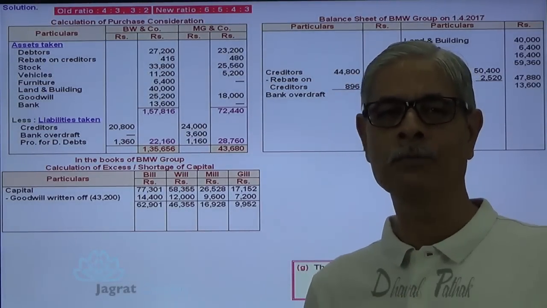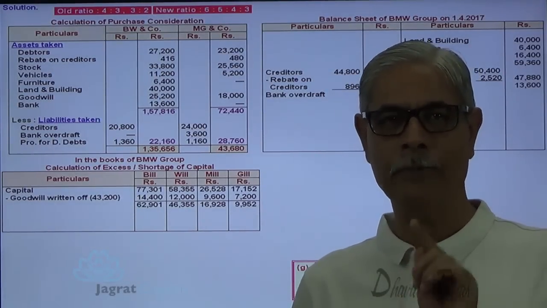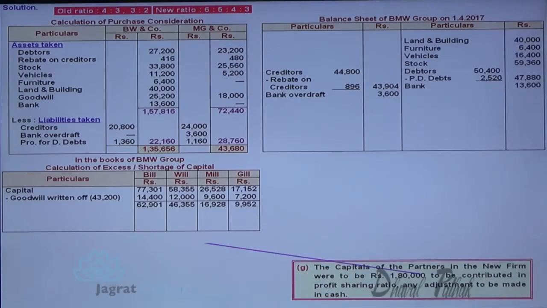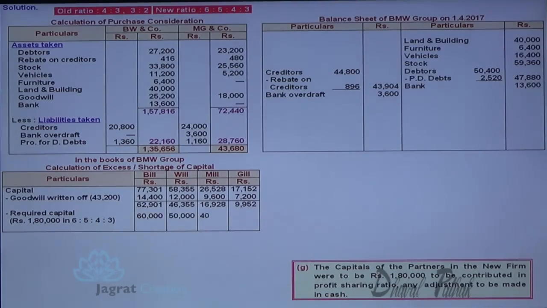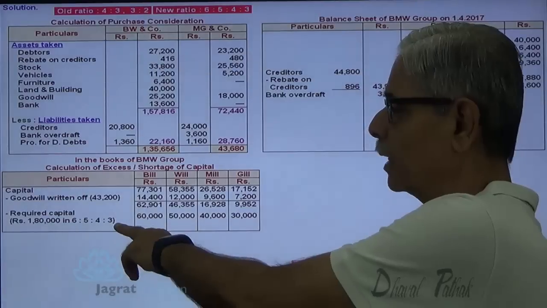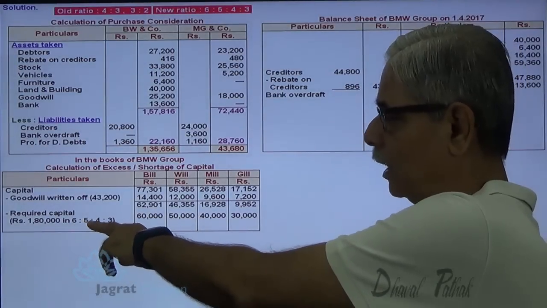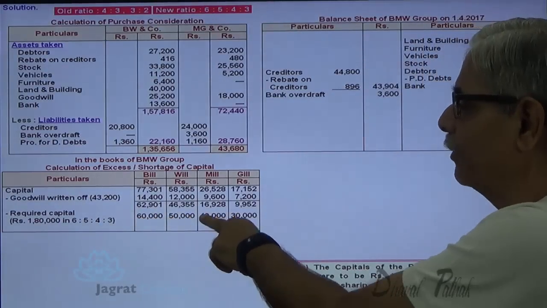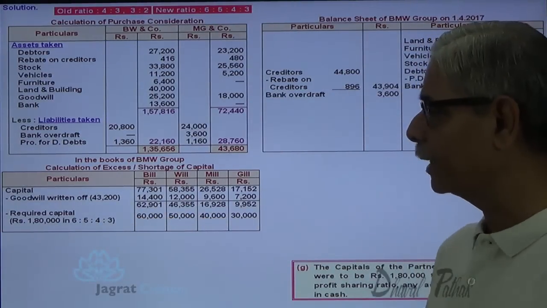So let me find out how much capital of each partner should be in the new firm. 1,80,000 in the ratio of 6:5:4:3. If you make a total, 6 plus 5, 11, plus 4, 15, plus 3, 18, 1,80,000. So 60,000, 50,000, 40,000, 30,000 is the required capital.